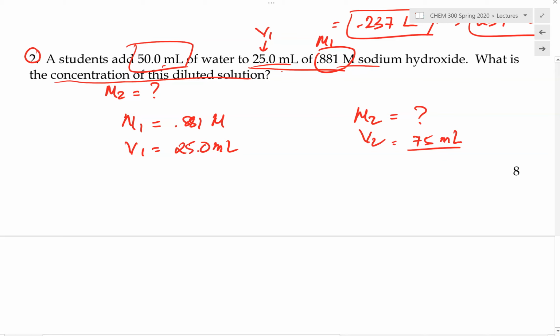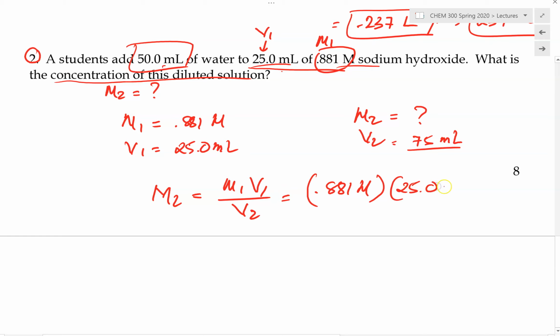Now we are solving for M2, and M2 equals M1 times V1 over V2. Solving for this, M2 equals 0.881 molar, that's M1, times V1, which is 25.0 milliliter. It's okay for us to keep V1 in milliliter, we just have to make sure V2 is also in milliliter.